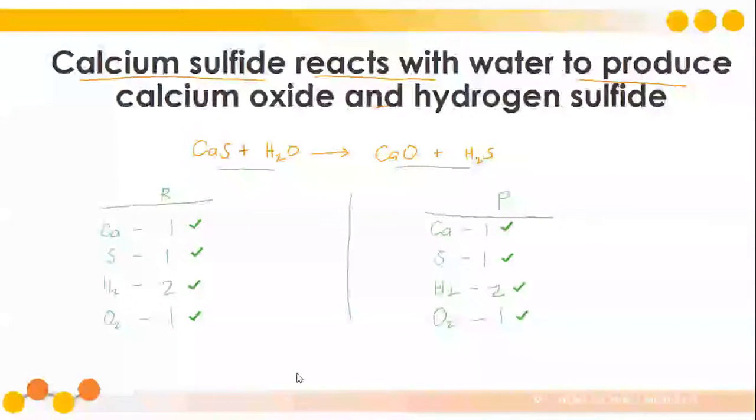And just by looking at this list or table that we did, you can already see that this chemical equation of calcium sulfide reacts with water to produce calcium oxide and hydrogen sulfide, this one is balanced. Okay? Because again, all of the elements have the same amount on the reactant and the product side. Okay? Hopefully you get it now.